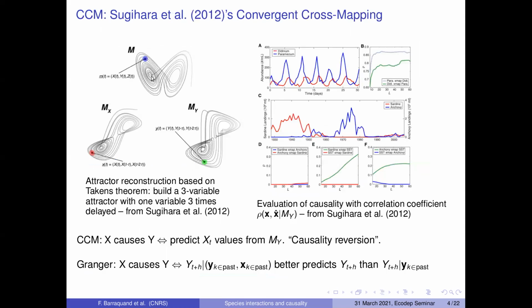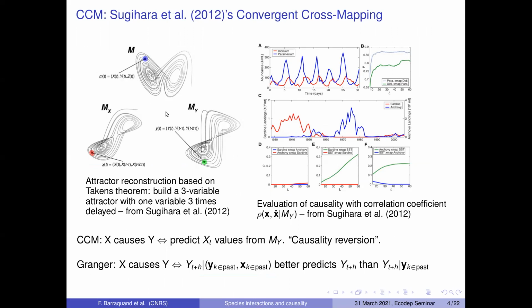So you have the Lorenz attractor on the top left, where you have the three state variables x, y, and z, and they call the attractor M, with an M for manifold, showing the shape of that structure.